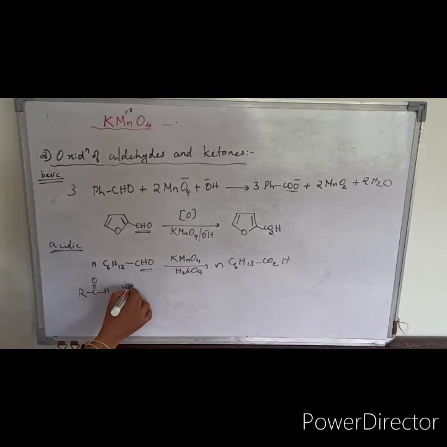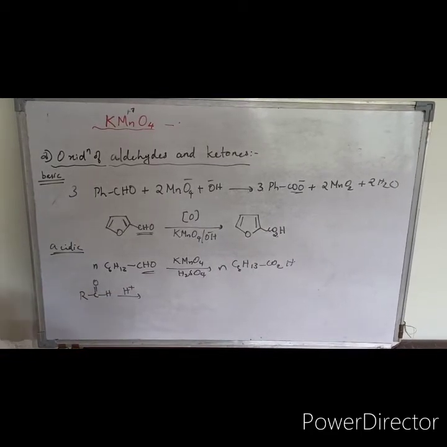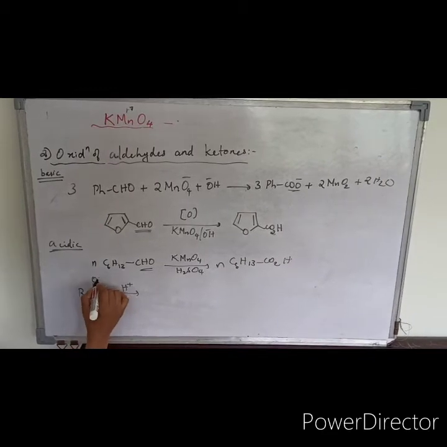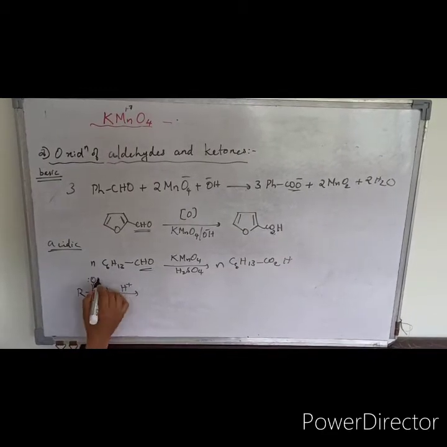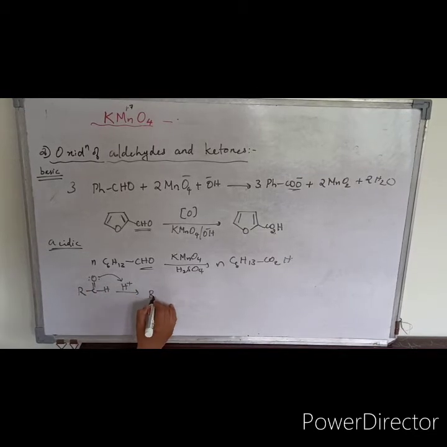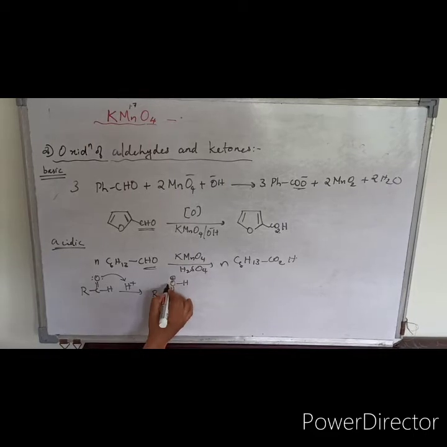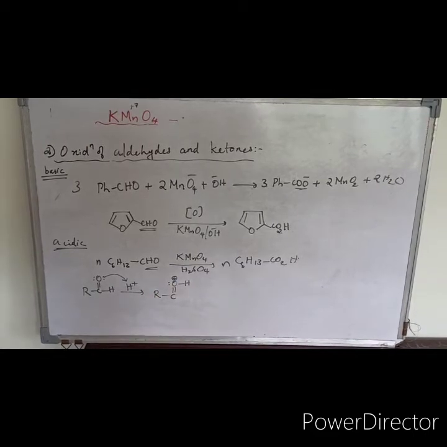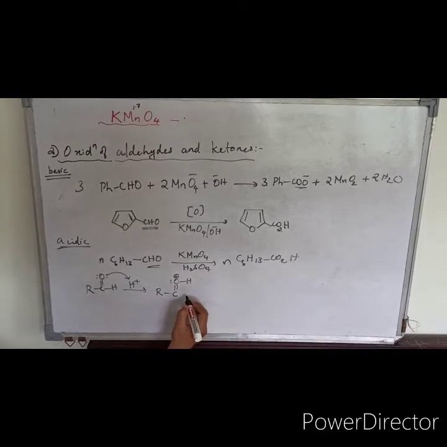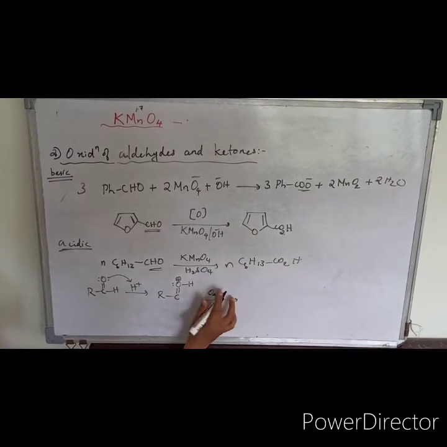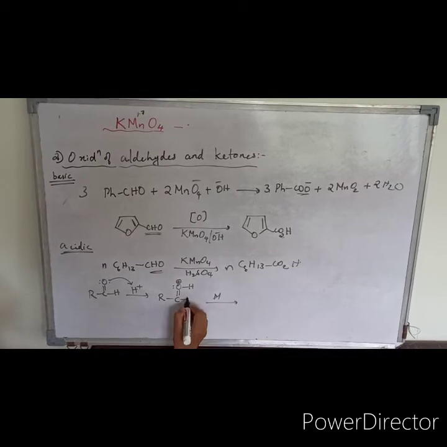Now if you are adding acid into it, what will happen? This oxygen is having a lone pair. So this lone pair will be attached to the acidic proton. So one lone pair is lost, so positive charge will be coming. Okay. So in the next step, that MnO4 minus will be attacking.